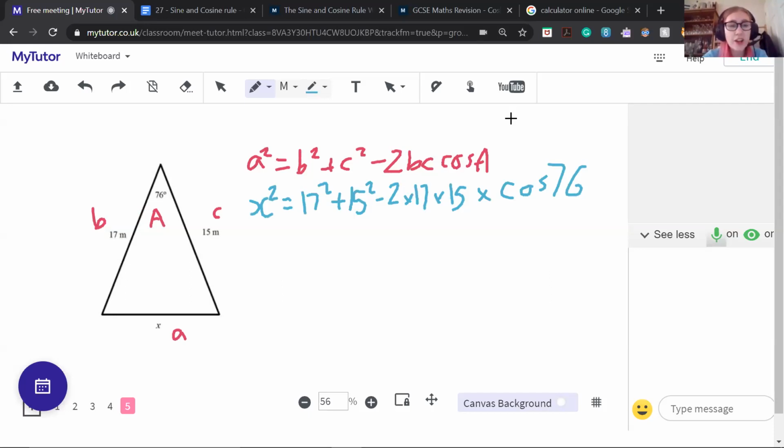It's all just about recognizing, I guess, which one's A, because it's going to be the one that's opposite the angle in question. So now we start to work out these parts.